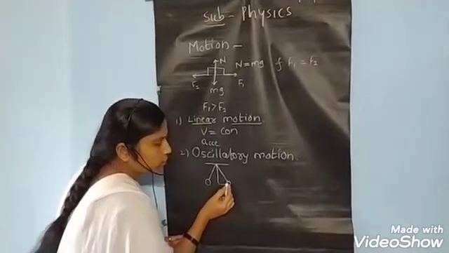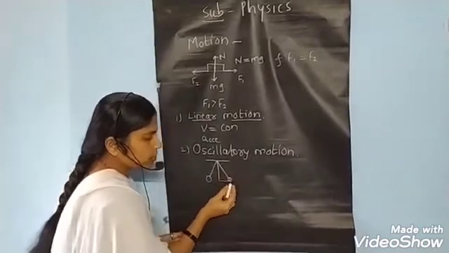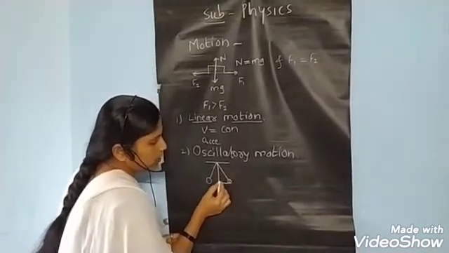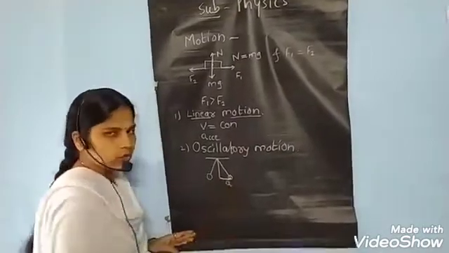It covers the maximum distance from the mean position to the extreme position. This maximum displacement from the mean to the extreme position is called amplitude.